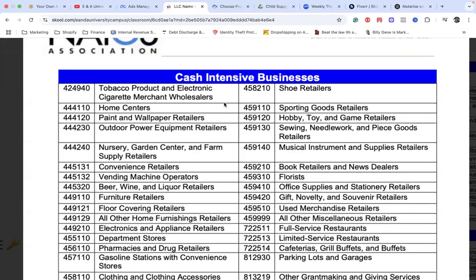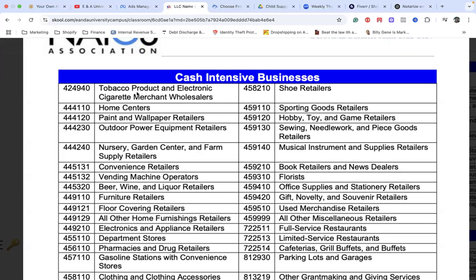So, for example, I'll pick the first. If you decide to go into the tobacco business and you want to be Eric's Tobacco store or Eric's Tobacco, immediately they're going to place you under this high risk code because you have a tobacco name in your title. So they're going to already consider you a tobacco business.